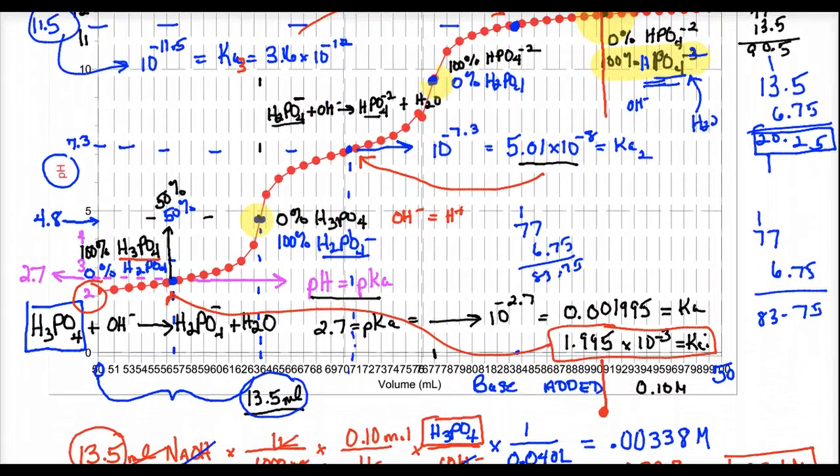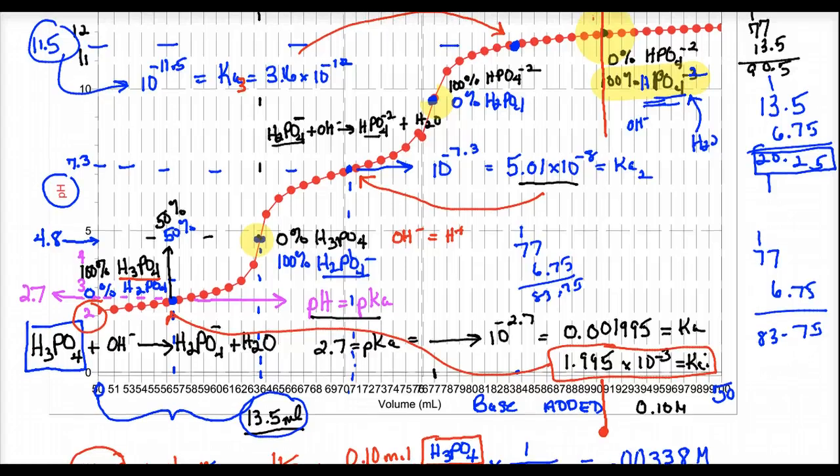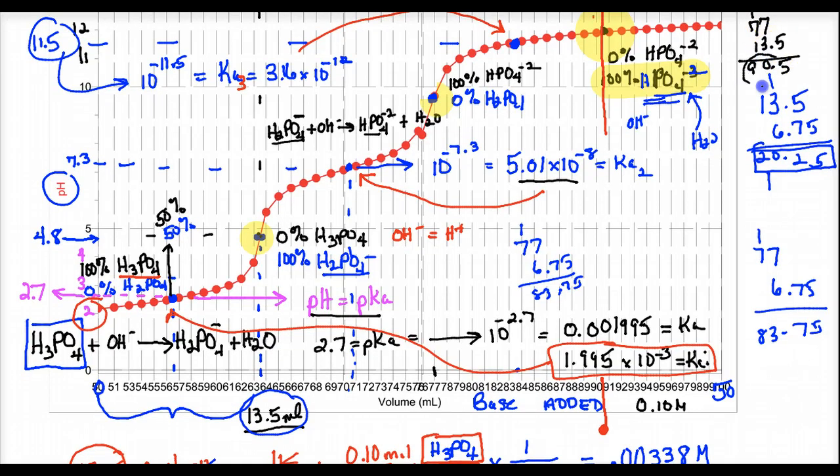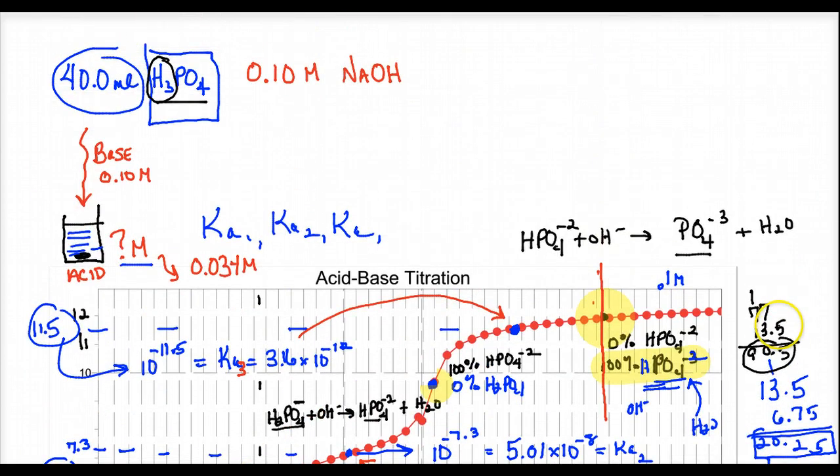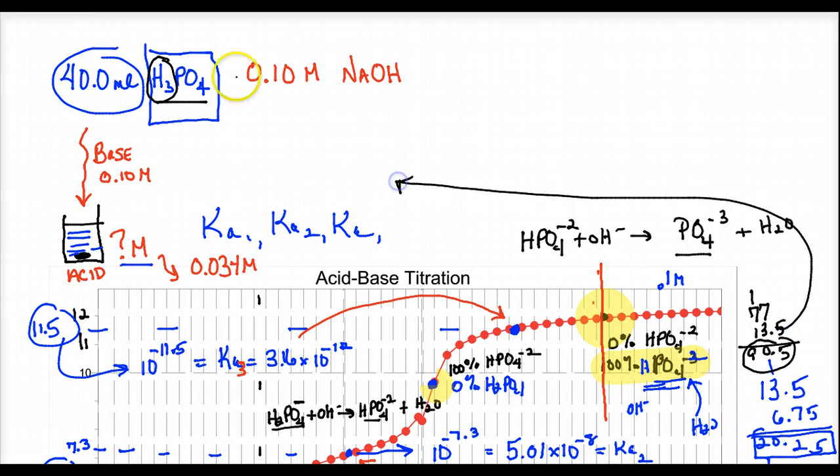We have 92.5, I believe, or 90.5 is my equivalence point. Subtract that from 100. So how many milliliters did I add? 9.5. So I've got 9.5 milliliters of OH- added.